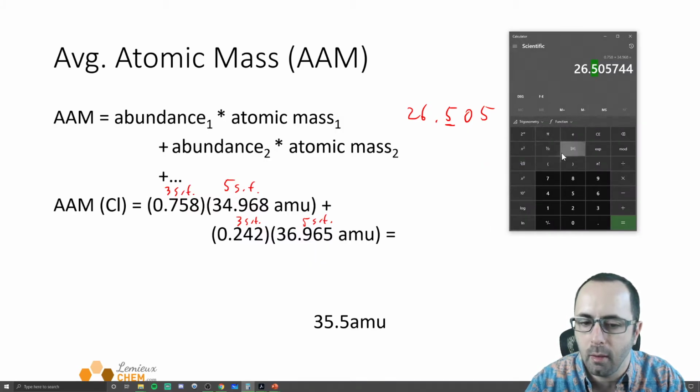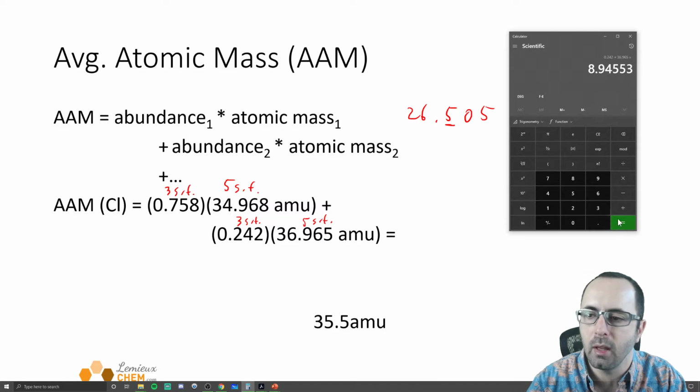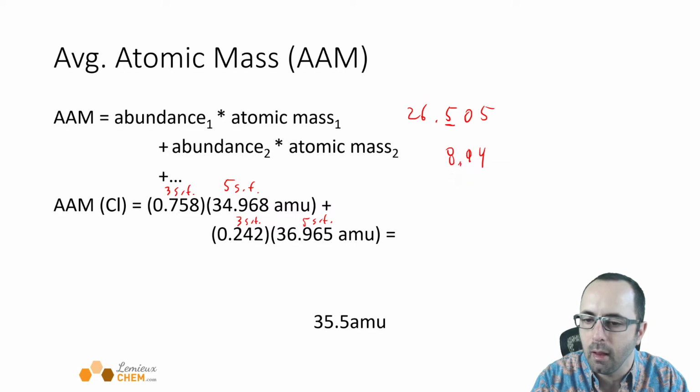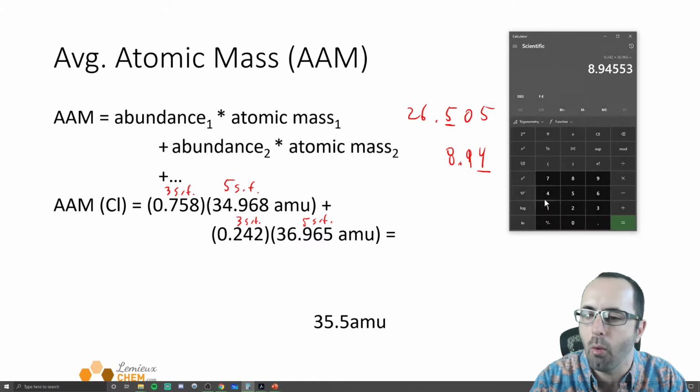Now let's do the same thing here with the 0.242 times 36.965. And we get 8.94. Now for this one, 8.94. Here again, we're multiplying, so we count the sig figs. And there should be 3 sig figs, so the last sig fig here is the 4.